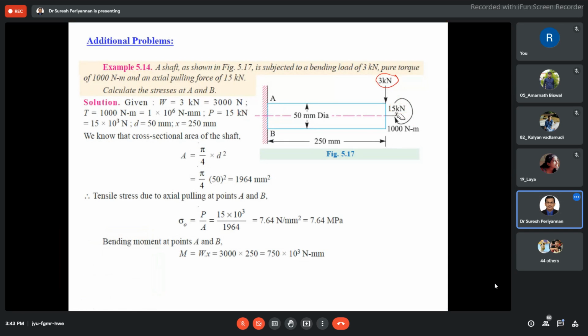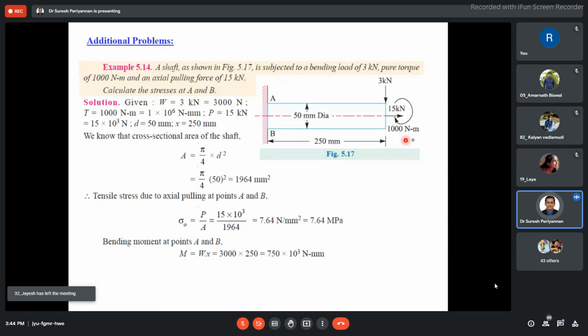Now see this interesting sum. They have given the bending load 3 kilonewton, torque 1000 Newton meter, and P, the direct tensile load, is 15 kilonewton. Whatever the sum gives in Newton meter, please convert it based on your component dimension.